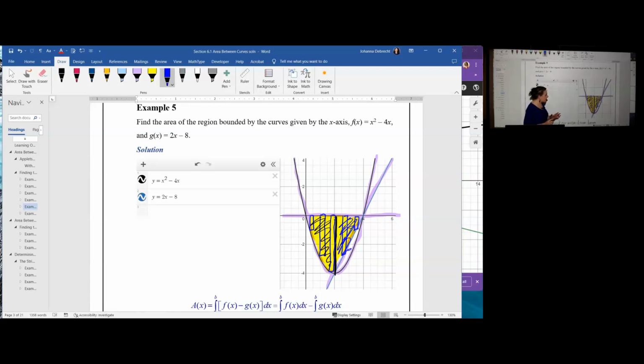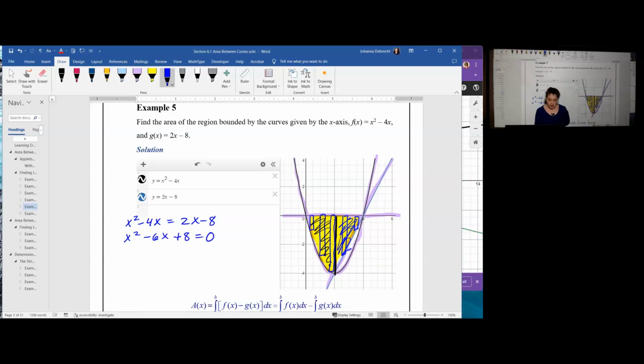In order to do that, we need to know what this point of intersection is. It's where the parabola crosses the line. So to find that point, we set the parabola x squared minus 4x equal to the line 2x minus 8. Again, move everything to one side and combine your like terms, and then, if possible, factor it.